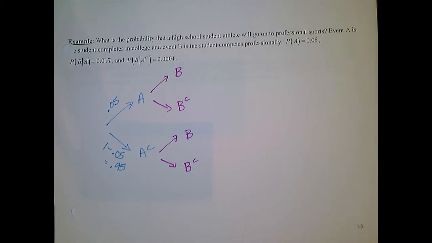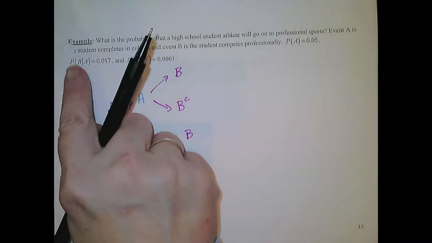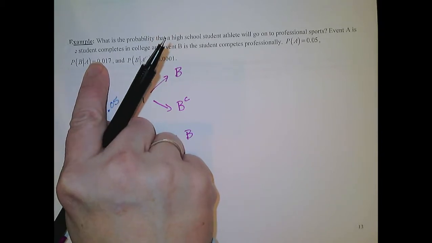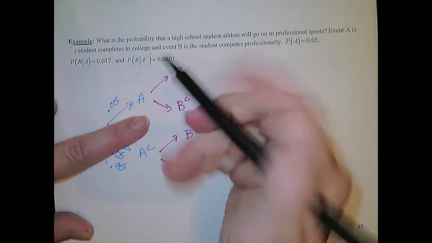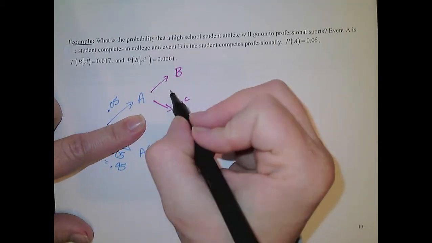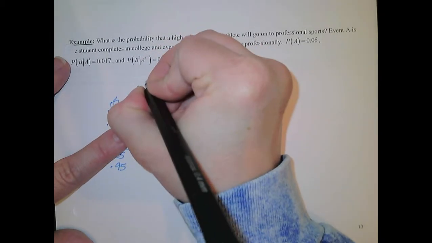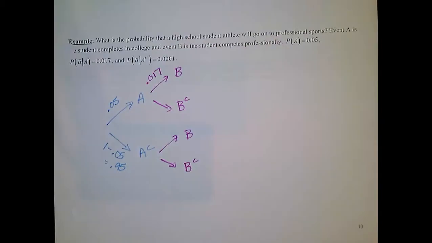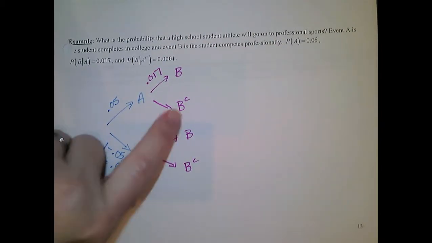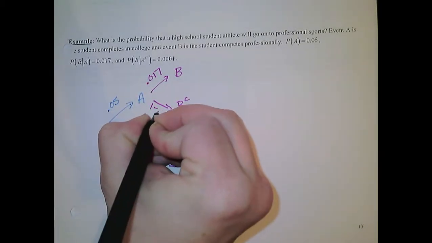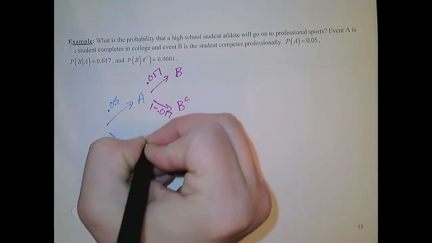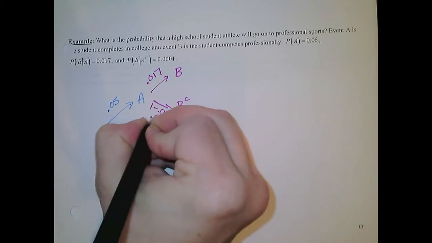Then they've told us the probability that B happens given that A happens. So the probability that if A happened, B will also happen. So now we're on this branch of our tree. They tell us that that is 0.017, which means that the probability of B not happening if A has happened would be 1 minus 0.017, or 0.983.